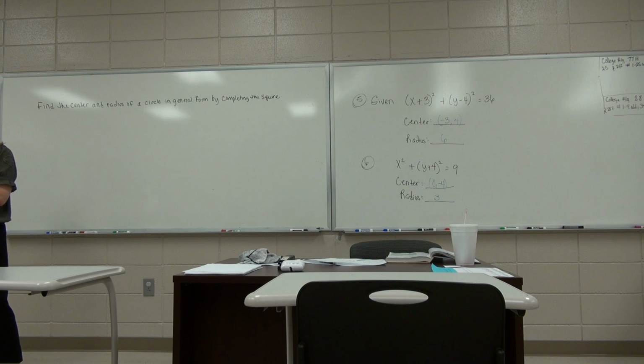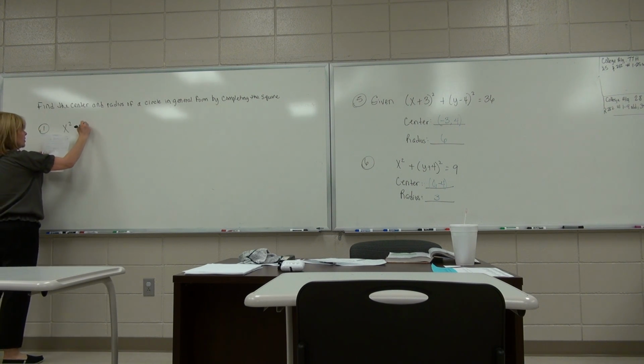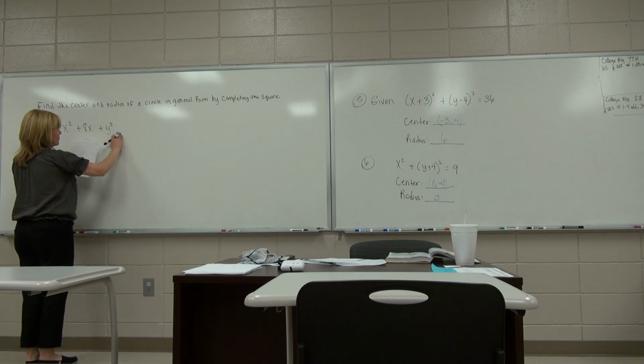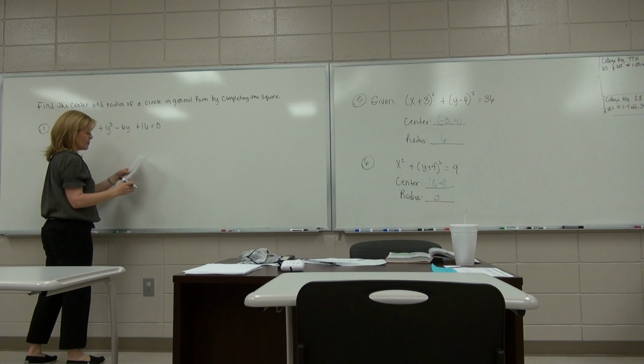You're not going to have to deal with those ugly fractions. I just want to make sure you can do it. So if you're given one like x squared plus 8x plus y squared minus 6y plus 16 equals 0.